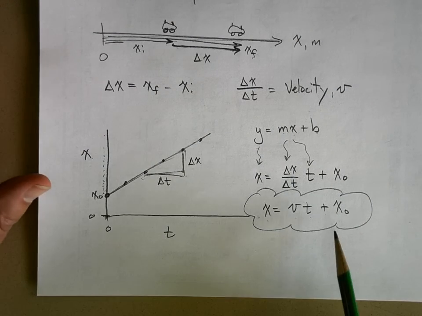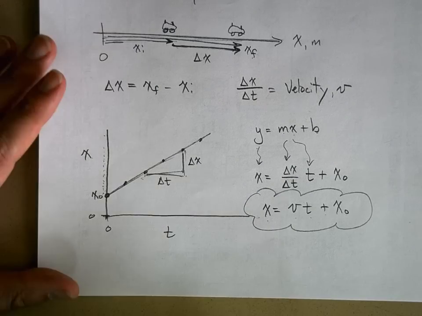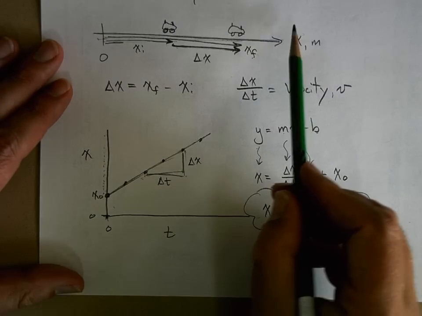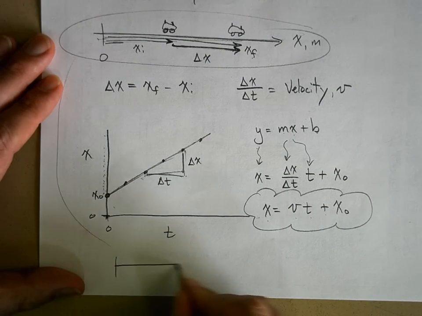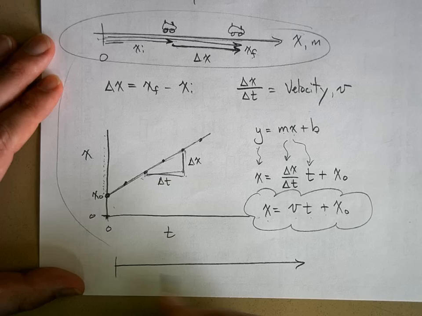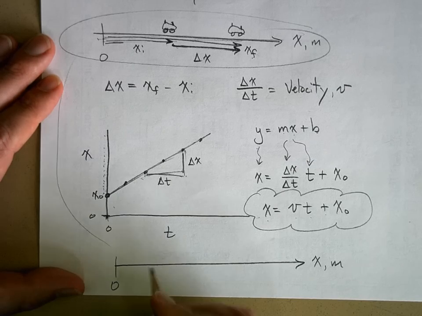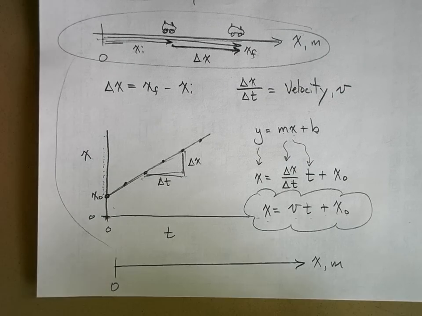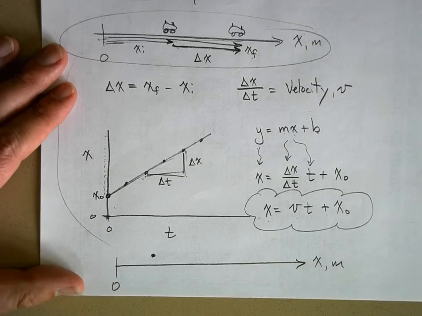And there was one other model that we introduced later on. If I took my x-axis, as I've drawn it here, and redrew it over here. So again, this is x, not t. And I would draw dots. And I'd say, okay, at t equals 0, my object started here.